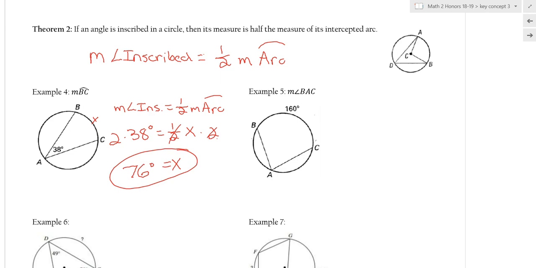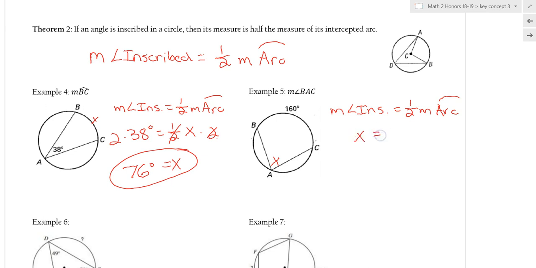Same type of thing for example 5. I'm finding angle BAC. Again, the measure of the inscribed angle is equal to 1/2 the measure of the arc.